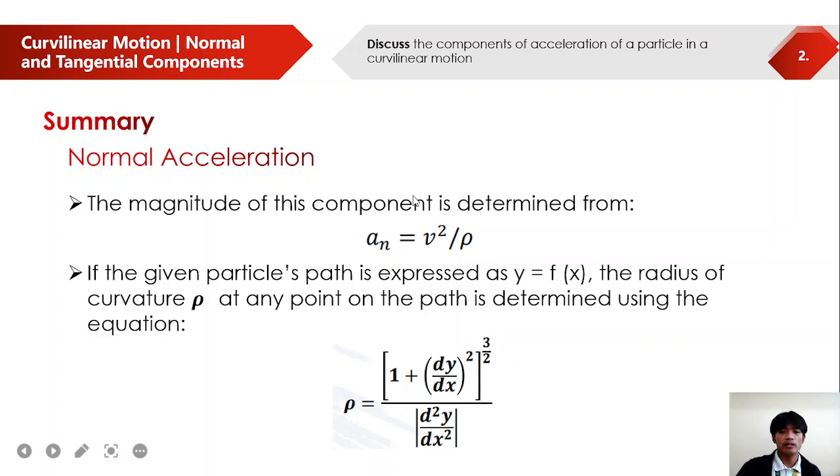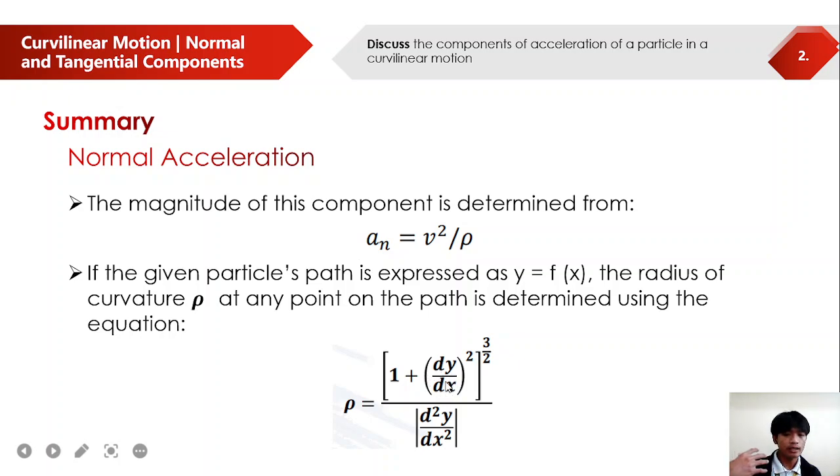And if the given particle's path is expressed as y is equals to f of x, the radius of curvature at any point of the path is determined using the equation of this one. Simple lang siya, the class, nasa 1 plus (dy over dx) squared.